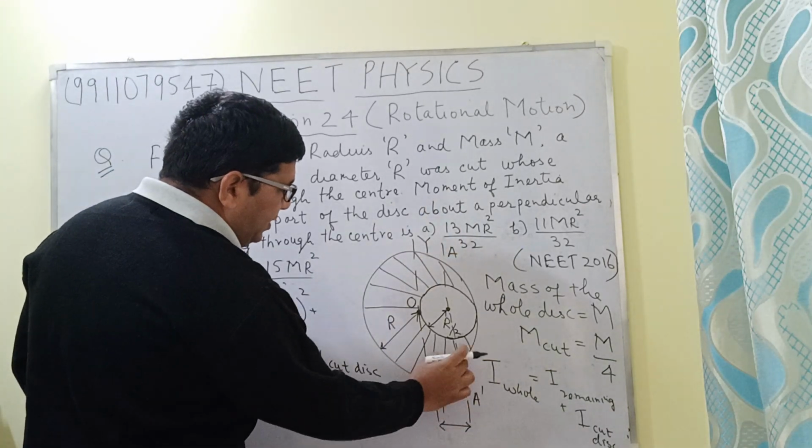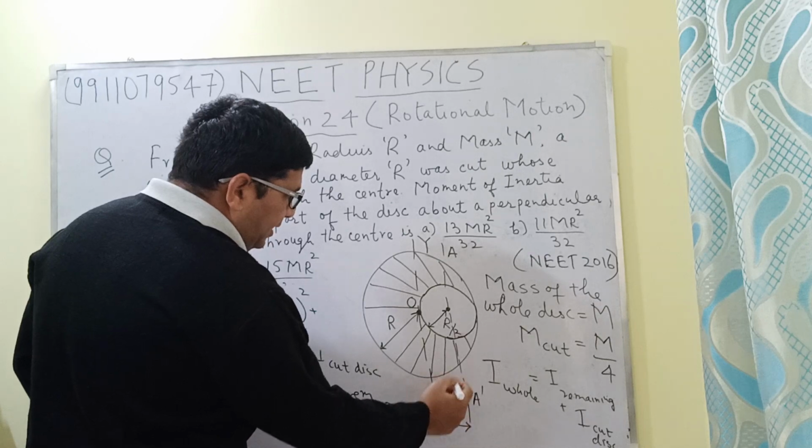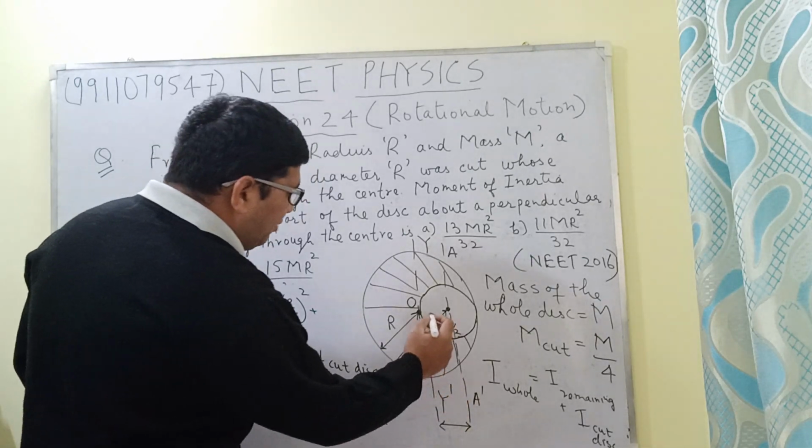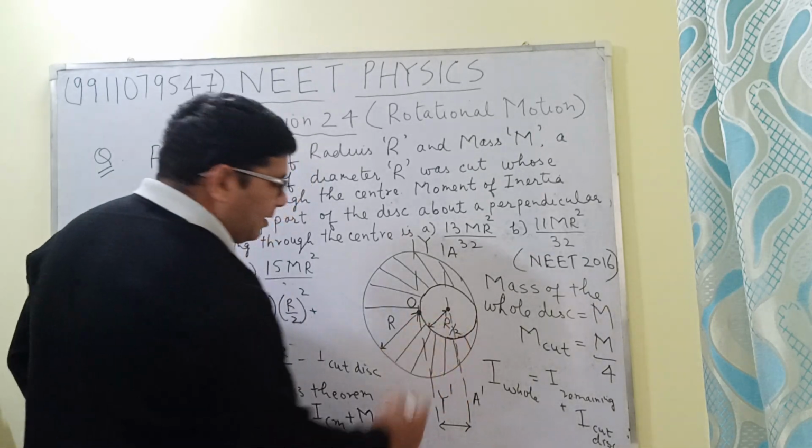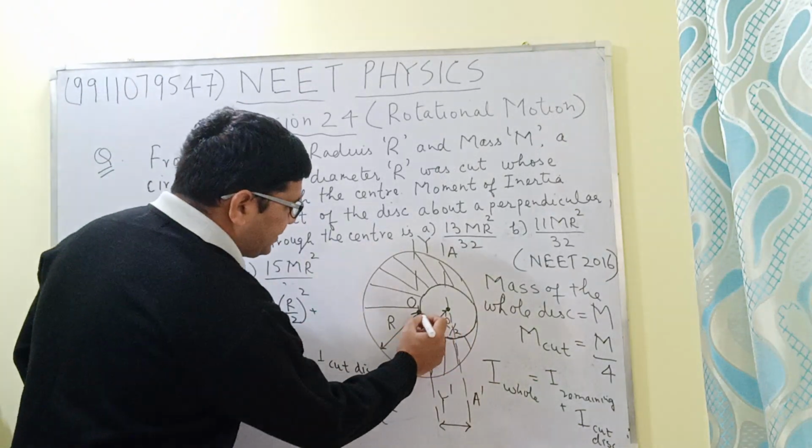The distance between these two axes is d, and d will be equal to r by 2.